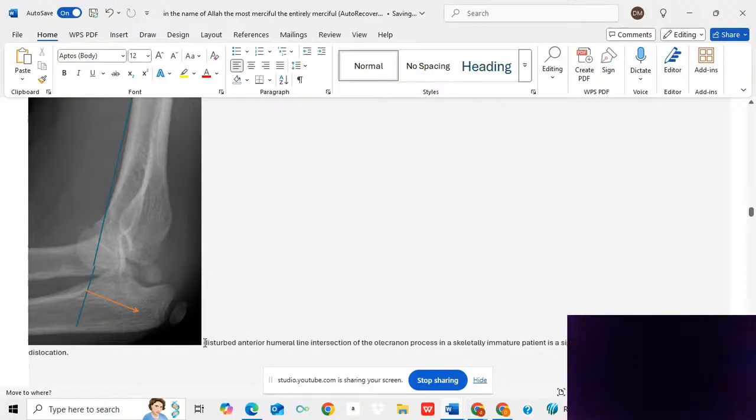So what we'll say here, the anterior humeral line intersects the olecranon normally. However, it does not intersect the olecranon process.